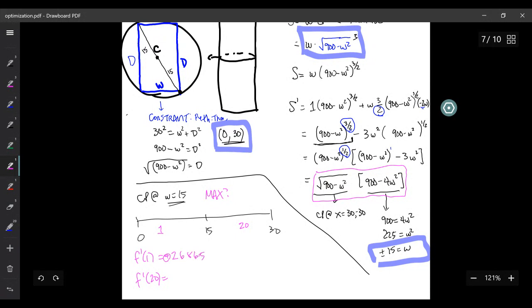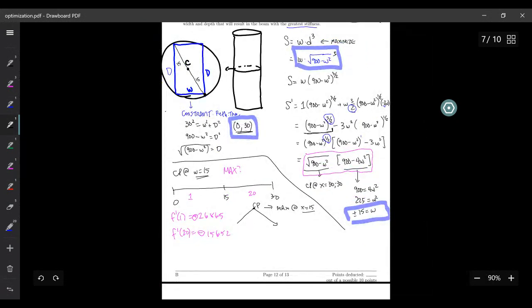Ultimately, I care about the positive. For 20, I am getting a negative 15,652. So we do get that maximum from the first derivative test: increasing, critical point, decreasing. So max at 15, which is what I'm looking for in this case.